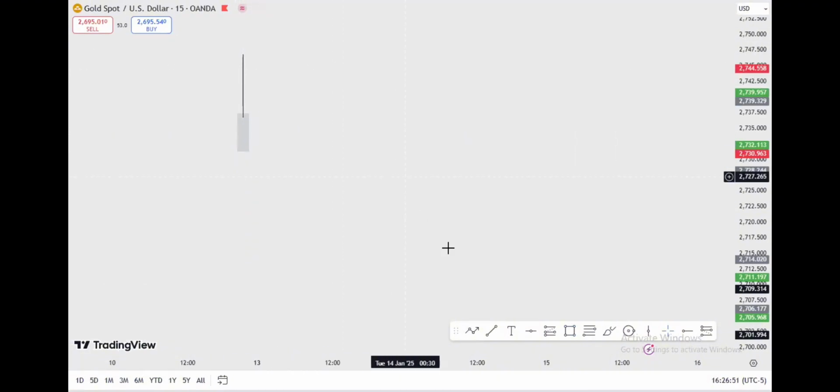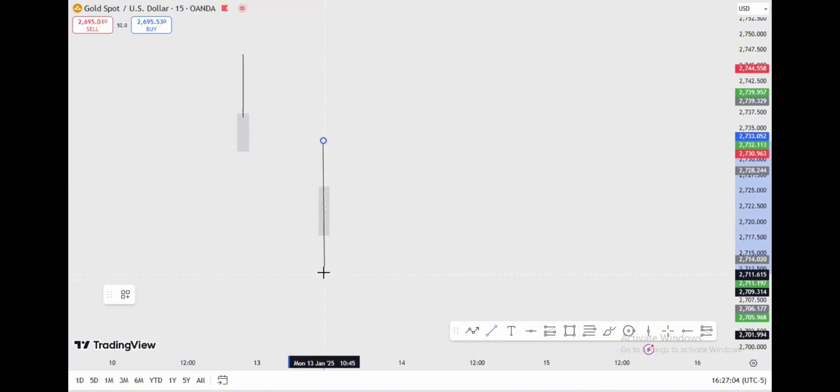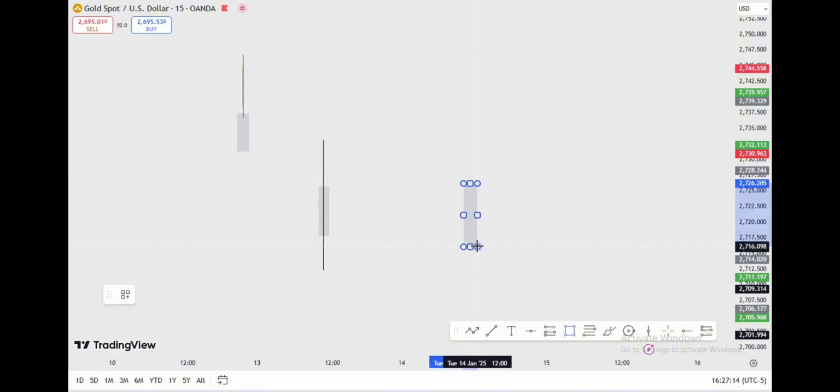Pattern A, pattern B. Why this can be considered as pattern C, I will explain.